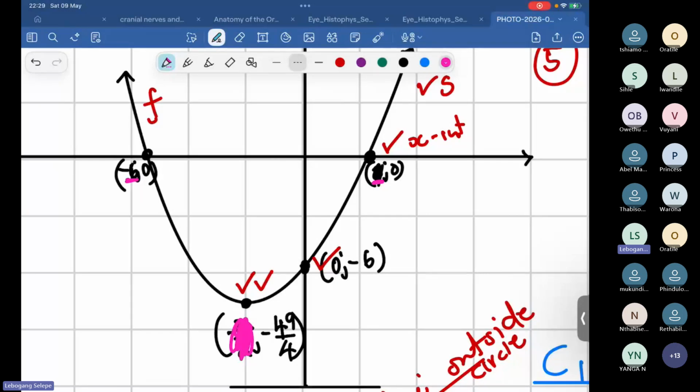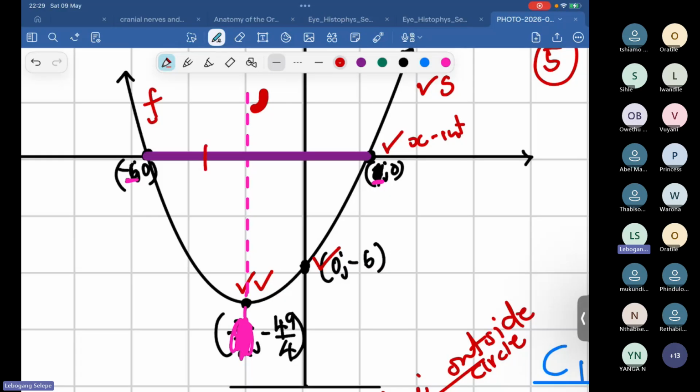Now, why do we do that? I said to you that the turning point is the midpoint between any 2 points on the extremes of the parabola. So think of this as a line like this, and then the axis of symmetry of the parabola, which is this dotted line, cuts that line into 2 equal halves.